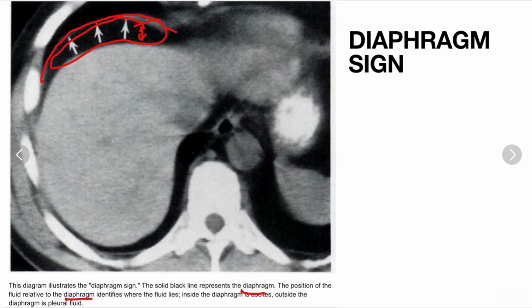The position of the fluid relative to the diaphragm identifies where the fluid lies. Inside the diaphragm is ascites and outside the diaphragm is pleural fluid. They are telling that if fluid is lying here, it is because of pleural effusion. If it is lying here, it is due to ascitic fluid only. So in this case it is due to ascitic fluid.